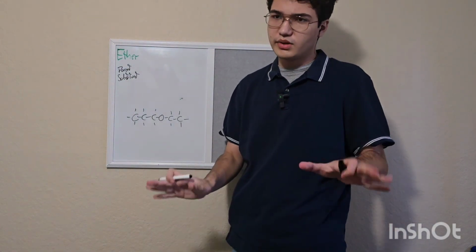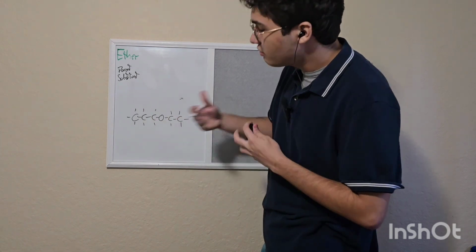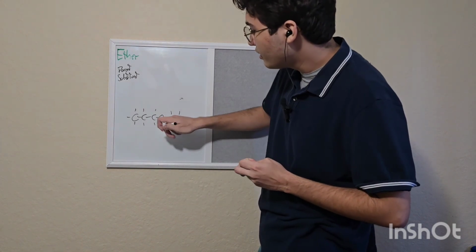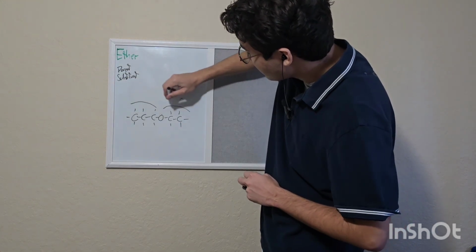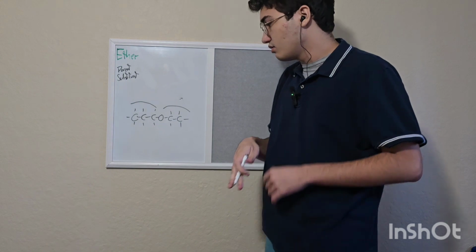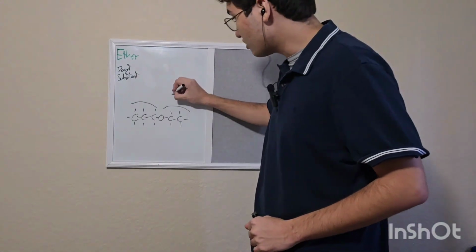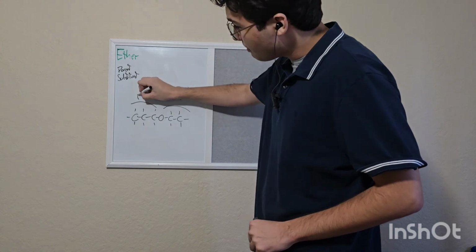Alright, ethers. When it comes to this, the name does not matter. You do not have to memorize the name, but you should know what an ether is. An ether is basically when a molecule has two different parts that are separated by a single oxygen. Now, of course, when it comes to the two parts, you have the substituent and the parent.